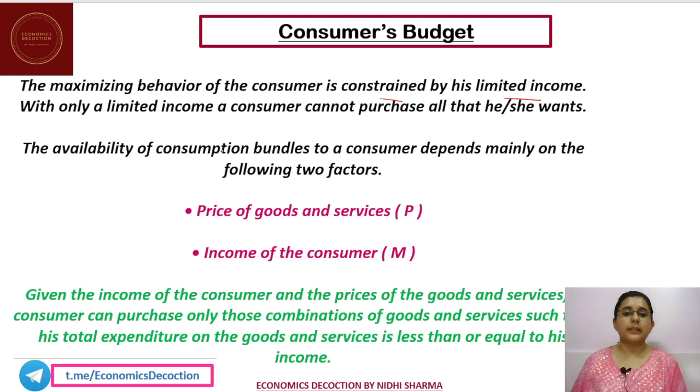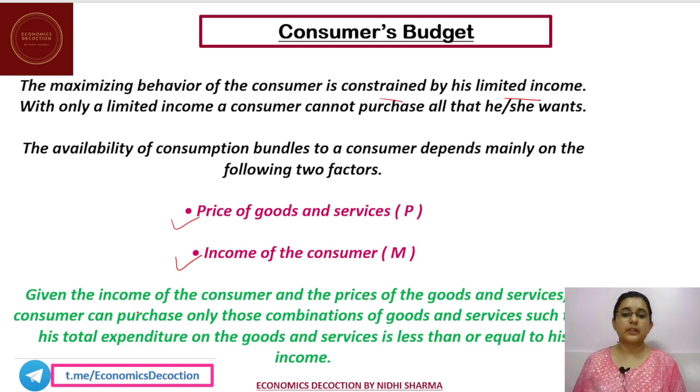So the availability of consumption bundles to a consumer depends mainly on the following two factors. So what are those two factors? The first one is the price of goods and services and the second one is the income of the consumer. So these are the two factors on which the consumption bundles of a consumer depend.